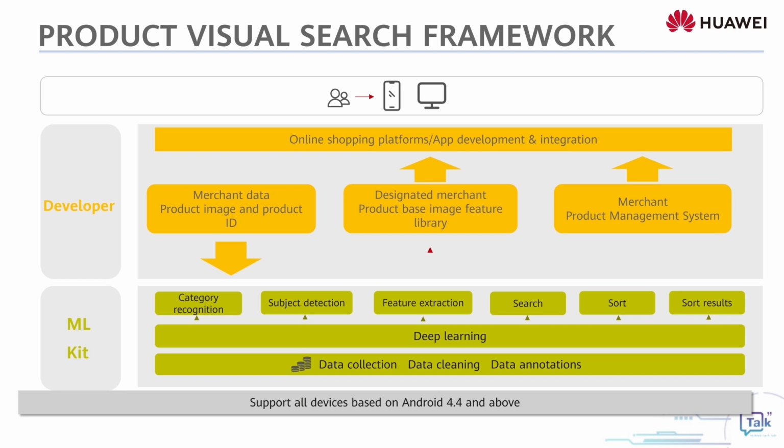But if you use Huawei ML Kit photo purchase service, all these are done by us, including product type identification, feature extraction, data search, and classification. Developers can even use our default UI interface. The only thing developers need to do is to provide a base library of product images.